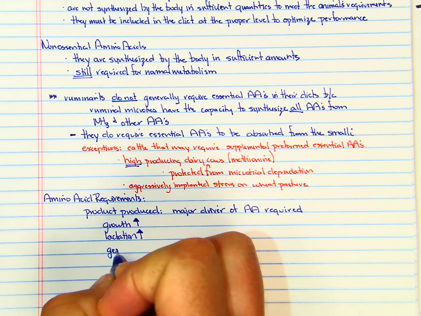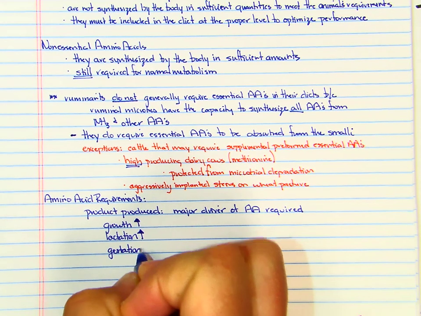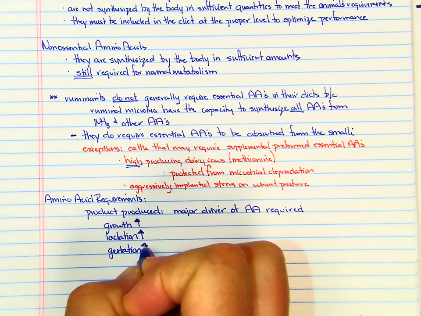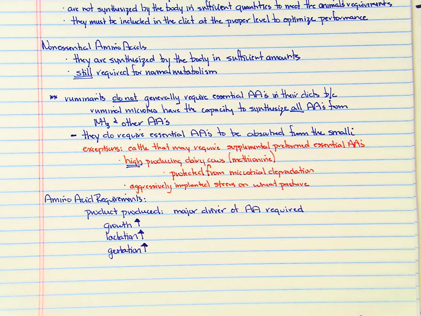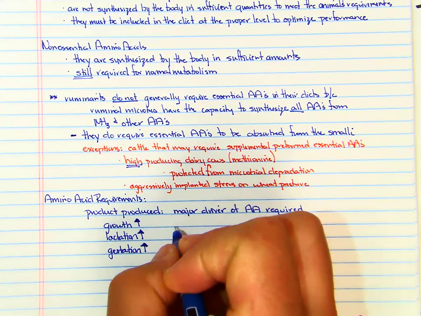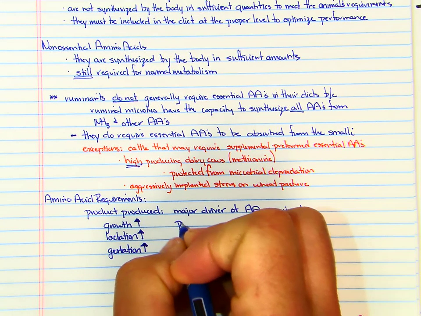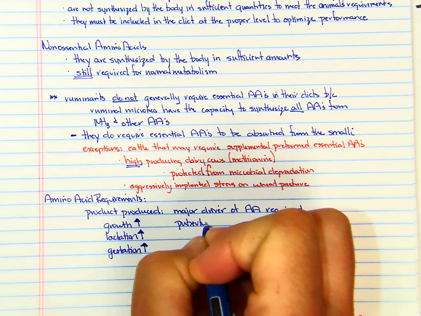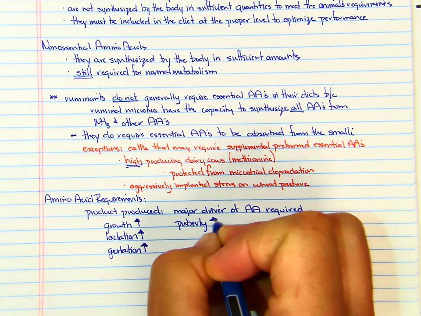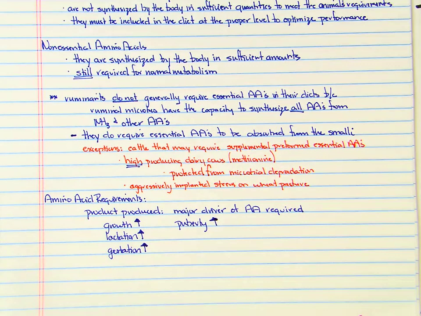Gestation. If you're growing a baby in you, that baby has growth, and that growth requires amino acids, and so you're going to have to consume more amino acids. Puberty, which is kind of tied to growth, increases amino acid requirements.